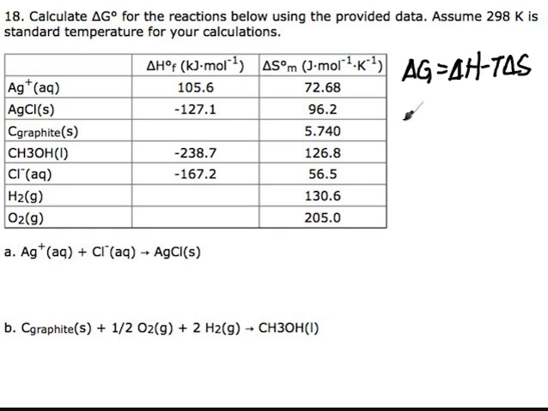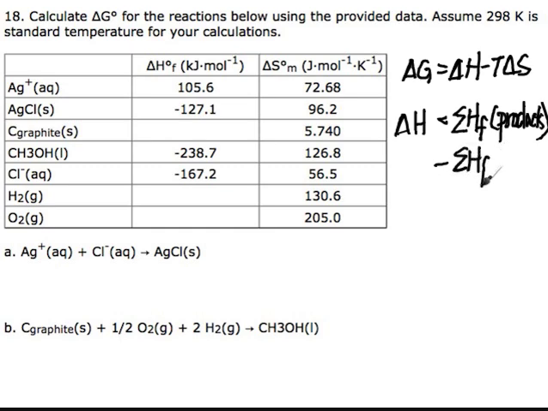And to calculate delta H, we do the heats of formation of the products minus the heats of formation of the reactants.